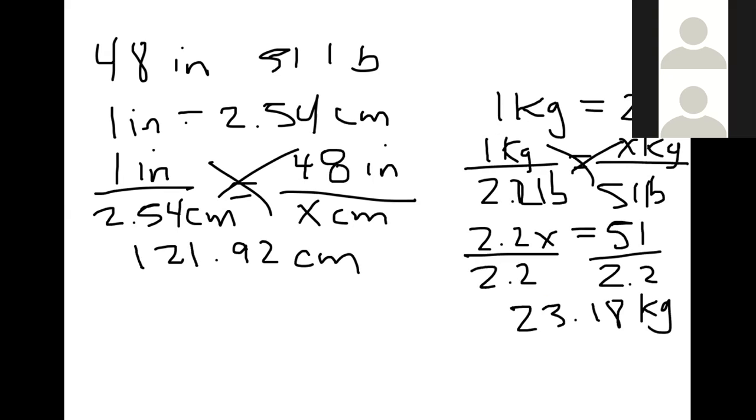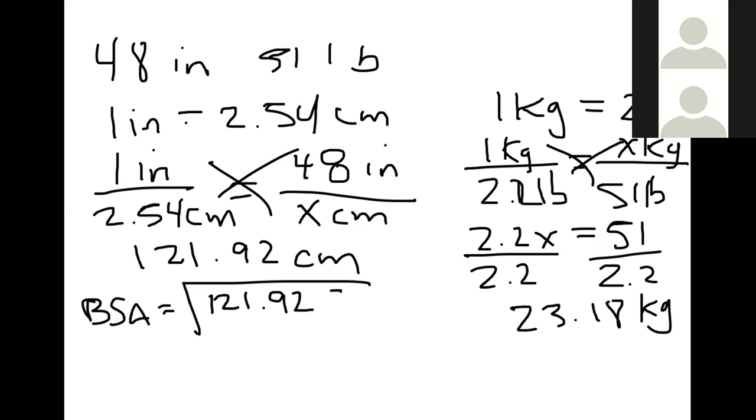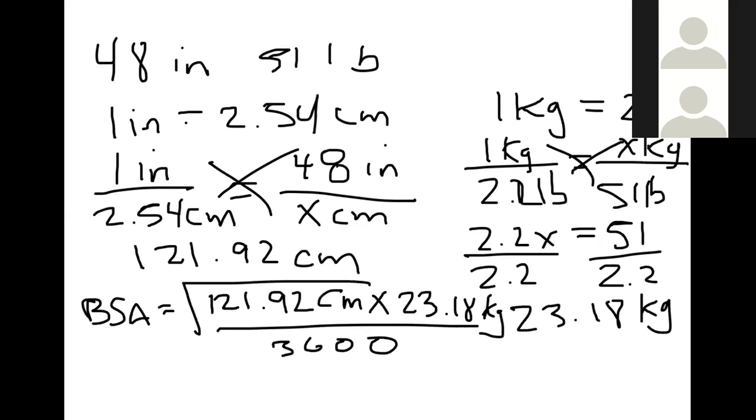Okay, now we can set up our formula. So BSA is equal to the square root of 121.92 centimeters times 23.18 kilograms divided by 3,600.